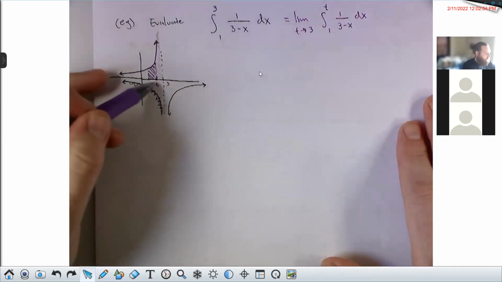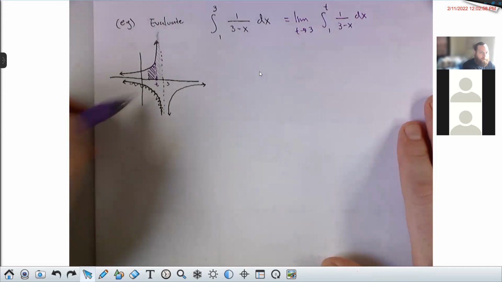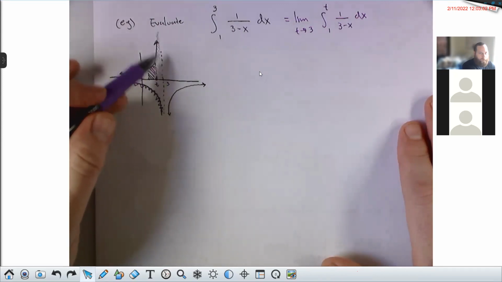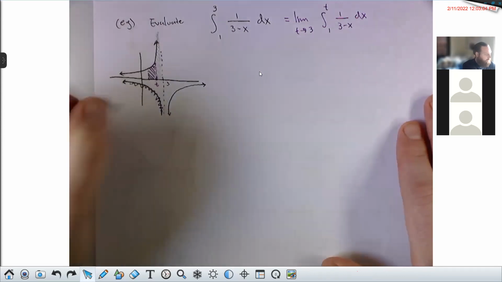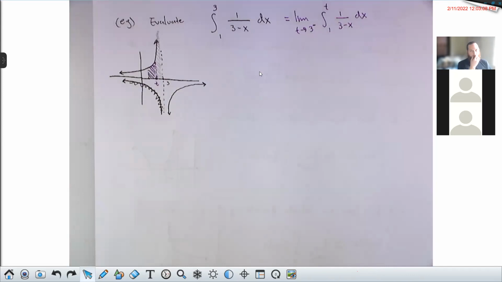And because t is between 1 and 3 here, t needs to be sneaking up on 3 from the left. I'm not interested in anything going on over here to the right of 3. All of the area I'm after is between 1 and 3. So this is the limit as t goes to 3 from the left.